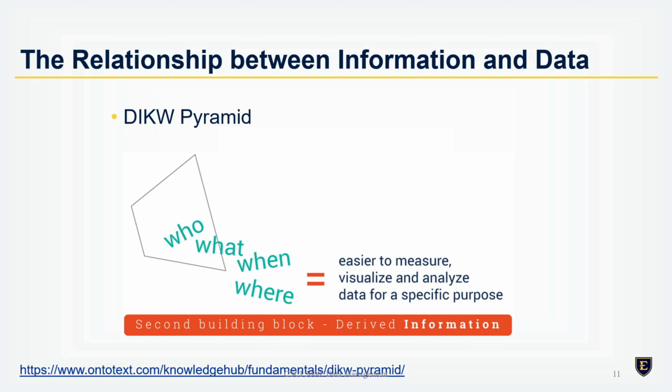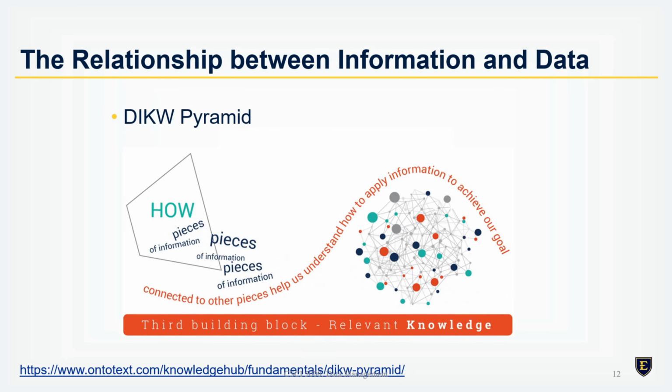From information, then, we can add the third building block and start connecting pieces of information together, where we start developing an understanding of how to apply that information to achieve some business goal. So relevant knowledge is the how. How are things connected together? We have students and we have courses.